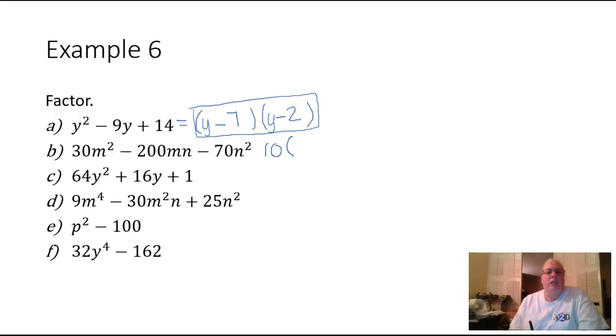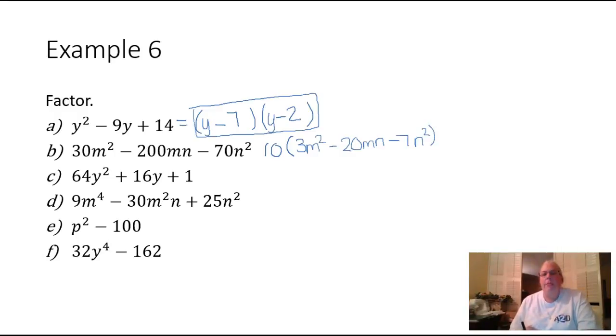So let's see. 10 goes into 30 3 times, so we get 3m squared. 10 goes into 200, that's 20 times, so we get 20mn. And then 10 goes into 70, 7 times, so we have 7m squared here.